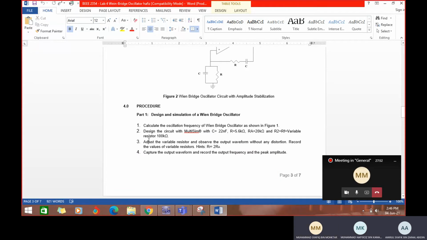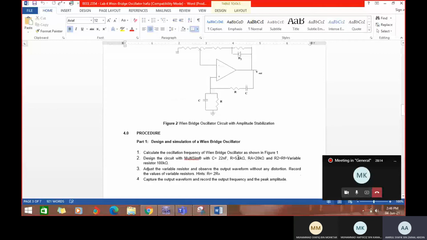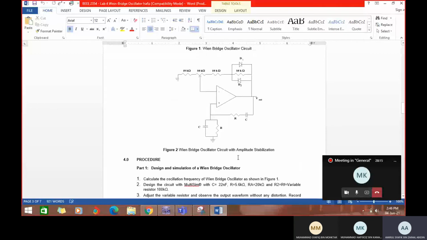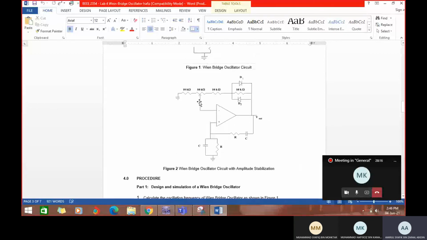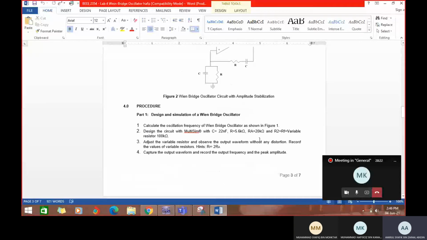As you can see here, for procedure 3, adjust the variable resistor and observe the output waveform without any distortion. Record the value of the variable resistor. So RF equals 2RA. The value of RA will be 20k, so 20k times 2 is 40k.